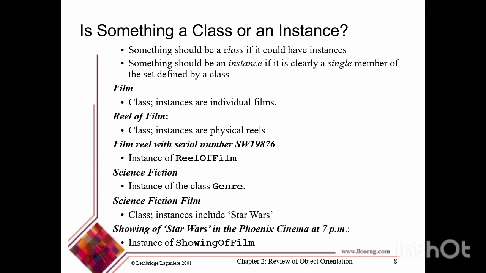Science fiction film is a class whose instances include Star Wars, and the showing of Star Wars in the Phoenix Cinema at 7 p.m. is an instance of showing of film. So here film is a class, reel of film is also a class, and film reel with serial number is an instance, and science fiction is also an instance. Science fiction film is a class, and the showing of Star Wars in the Phoenix Cinema at 7 p.m.